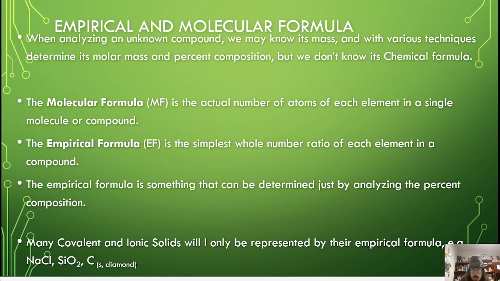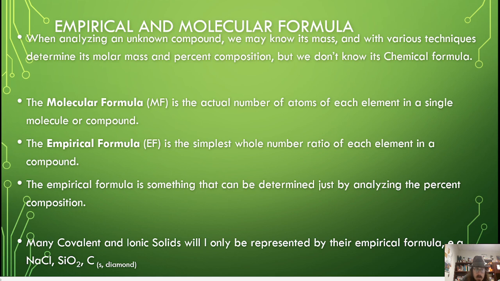But we can readily get the empirical formula of something just by analyzing the percent composition. Because with the percent composition, if we know each element's masses, we can figure out how many of each atom there are based on the weight.